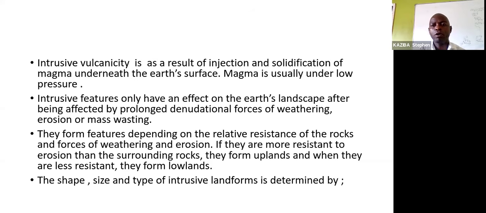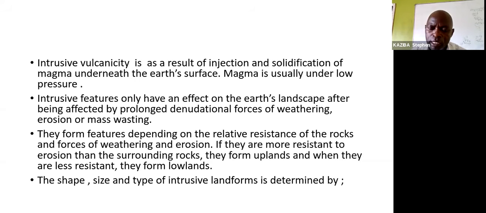If you only talk about when they're inside, then you don't get marks. The formation of these features depends on the relative resistance of the rock and the forces of weathering and erosion.